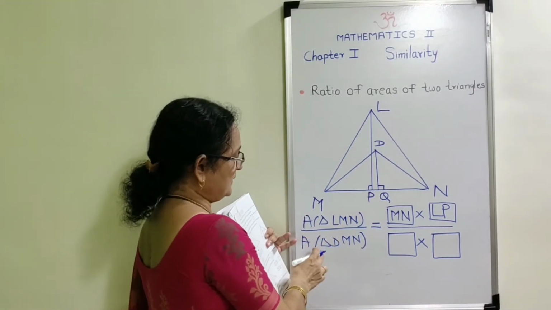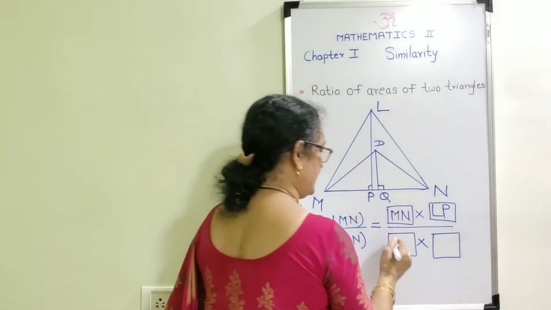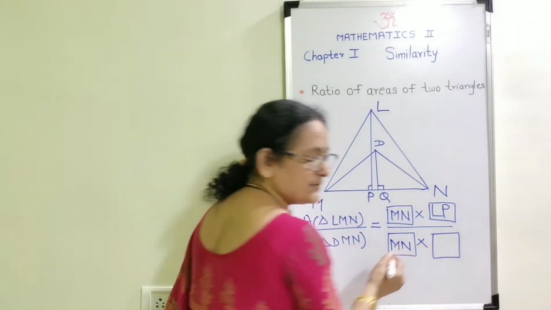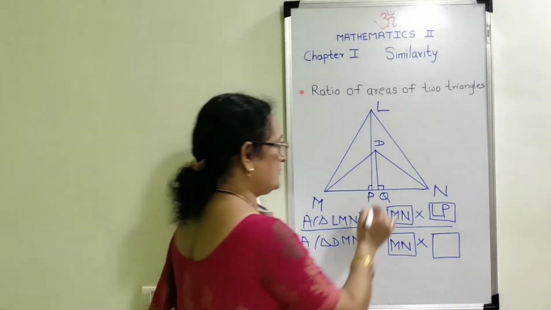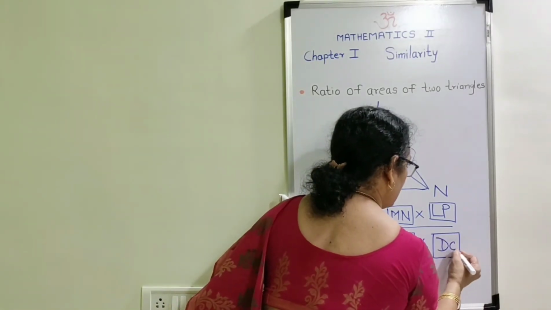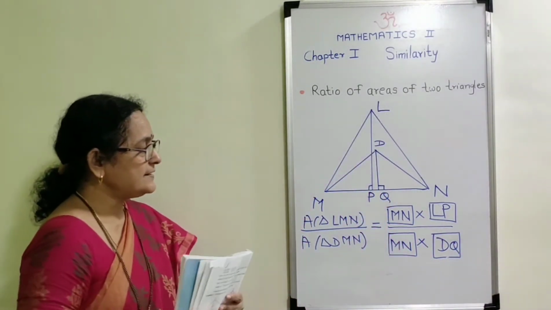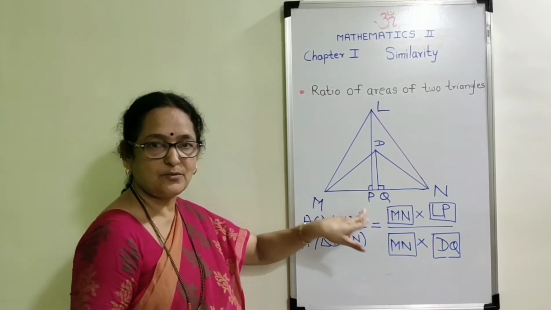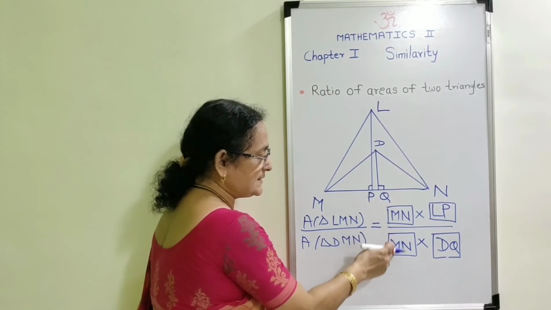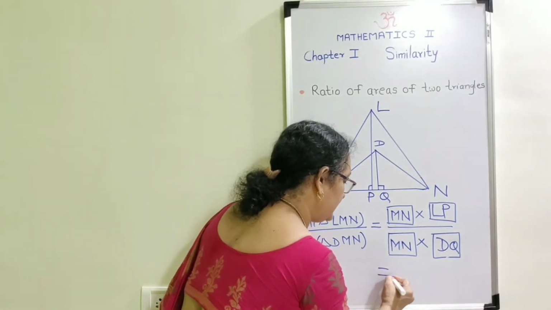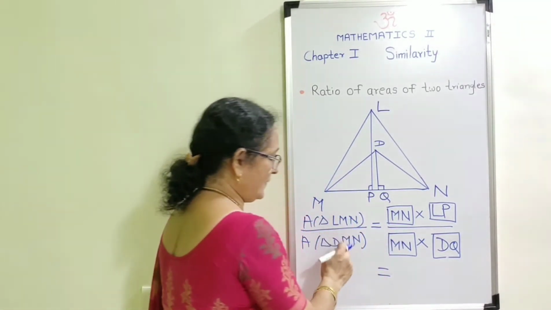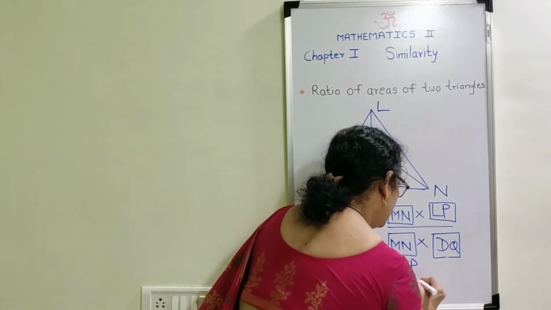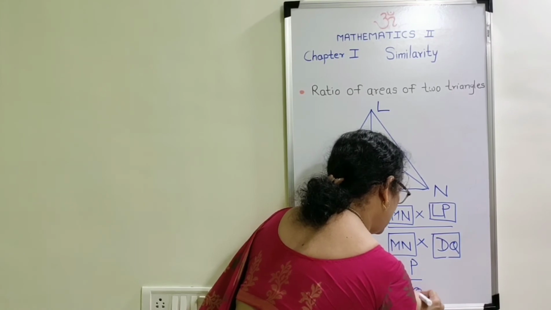Again, the base for the second triangle DMN is MN, and the height for this triangle is DQ. We have already discussed in the property of the same figure that when the base is common, the common base gets eliminated, and in that case the ratio of areas of two given triangles is always equal to the ratio of their corresponding heights.